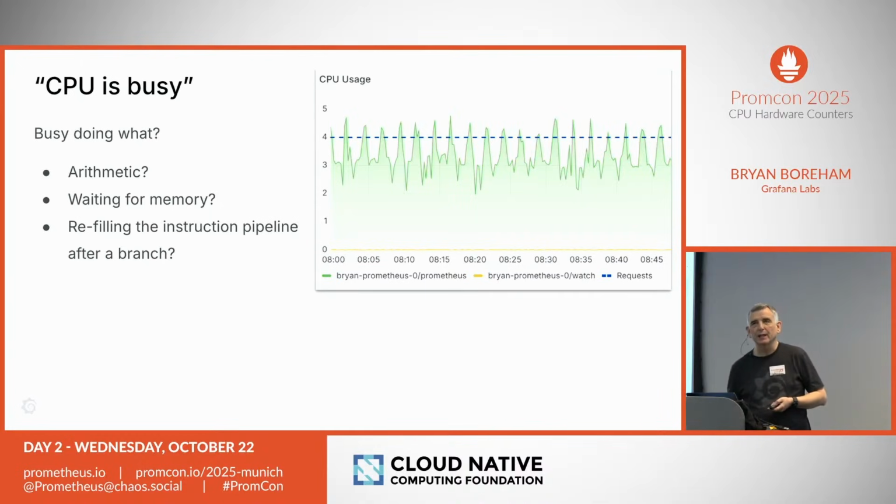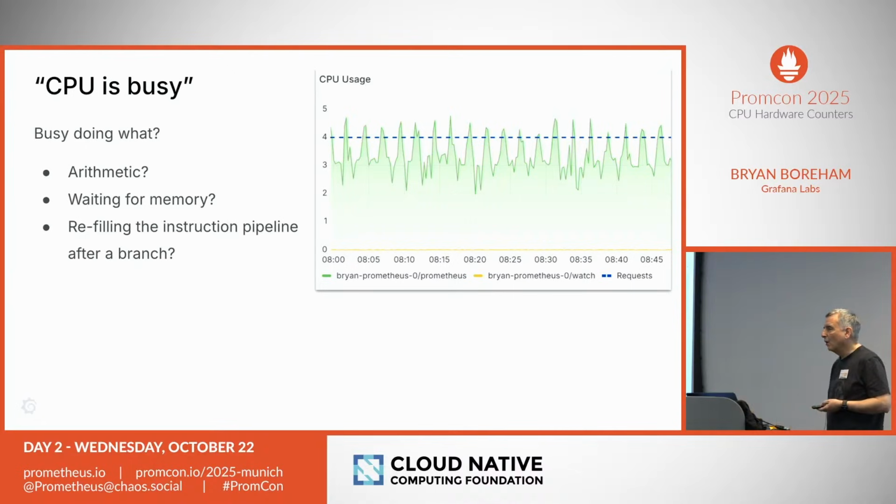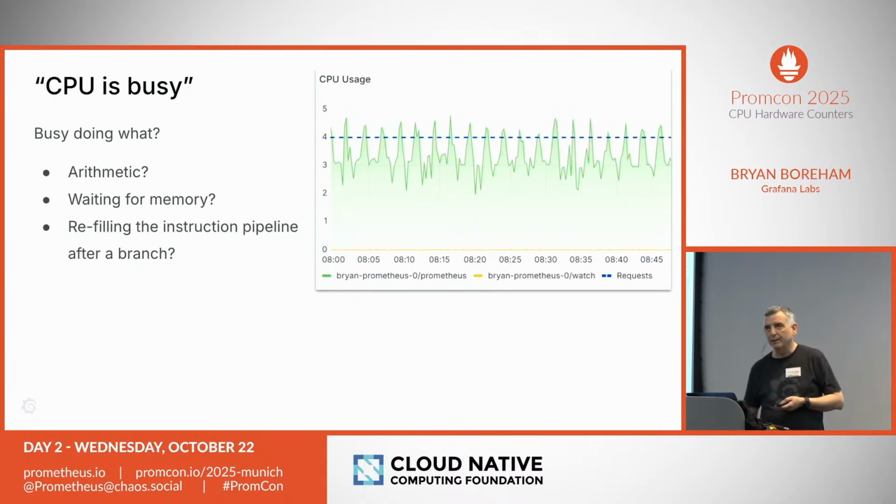Maybe that's what you expect, but it might also be waiting for memory. Memory is much slower than the arithmetic bit of the CPU. Or if you understand the complicated bits, the instruction pipeline could have flushed after a mispredicted branch. Getting that extra level of detail is essentially what this talk is about.